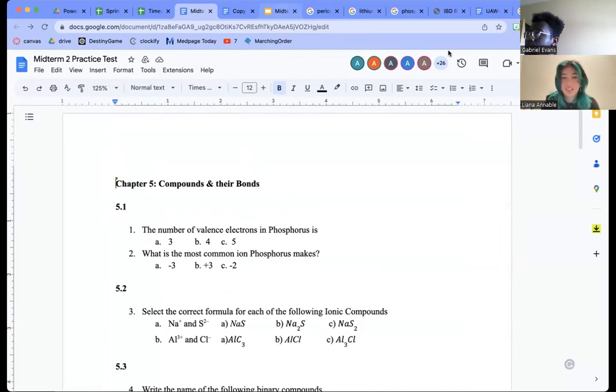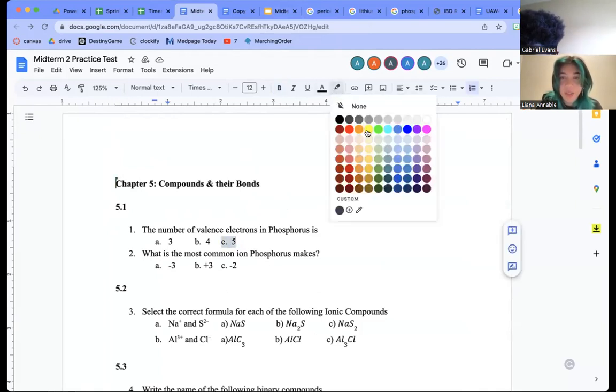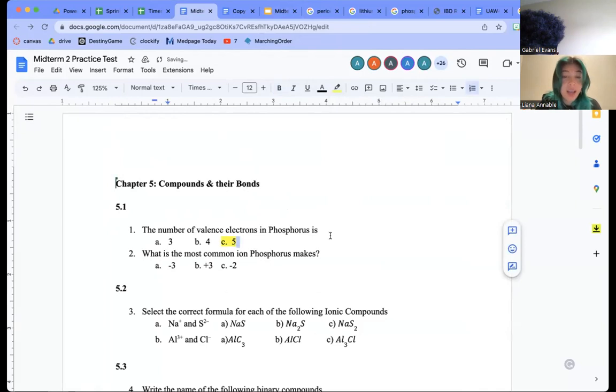Put it in the chat. We got a lot of people saying C, which is 5, which is correct. Good job. I'm gonna highlight it. Does anyone want to explain how you find valence electrons?